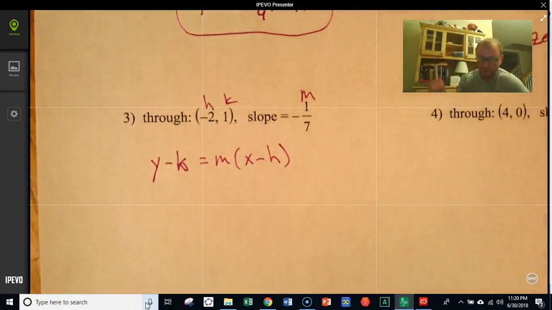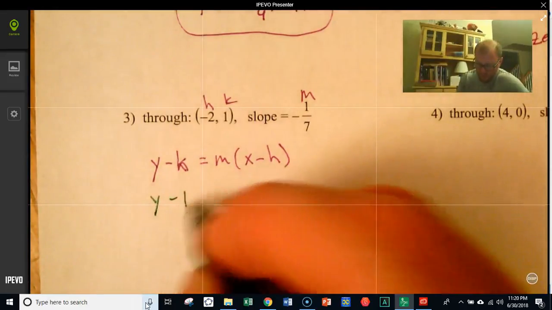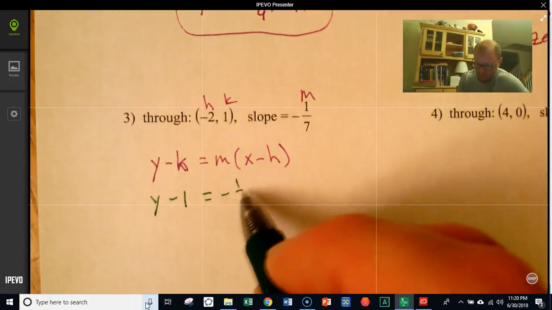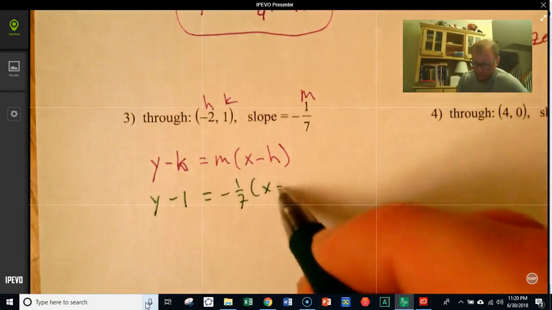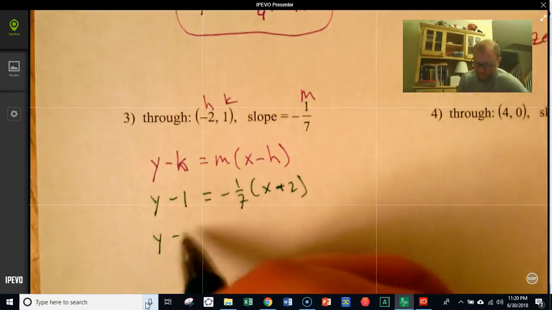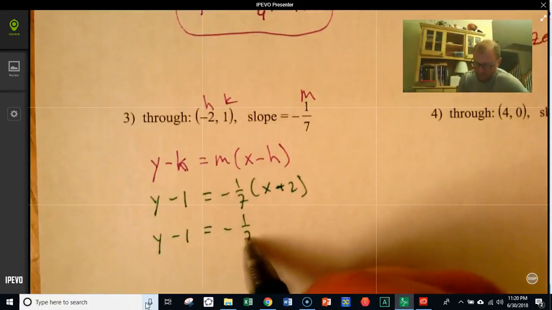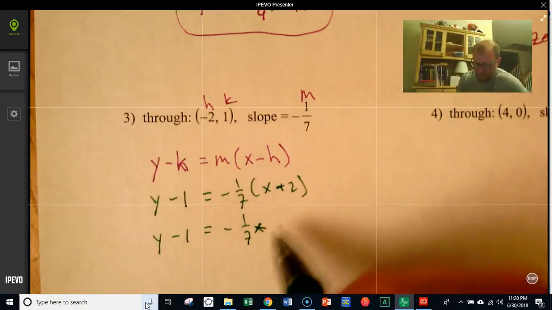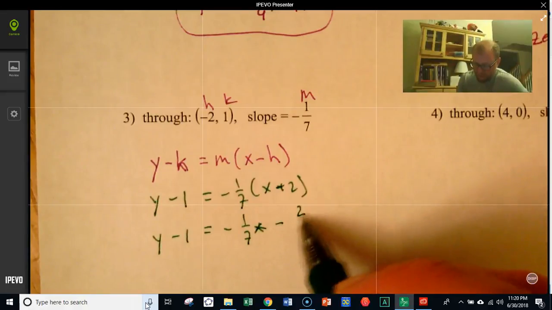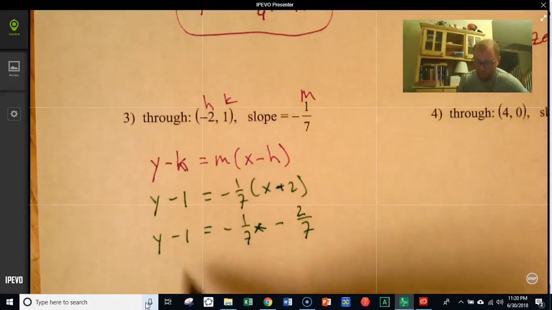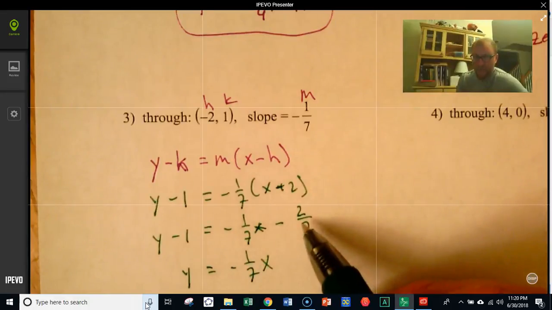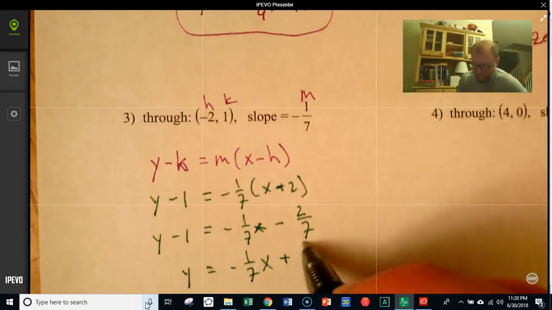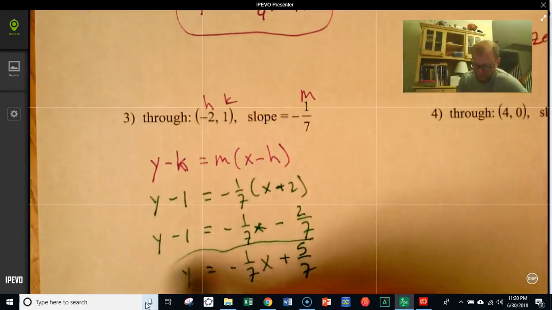We have y minus 1 equals negative 1/7, x minus a negative 2, which makes that plus 2. y minus 1 equals negative 1/7 x minus 2/7. We're going to add 1 to both sides. Let's see, we're going to add 7/7, which is going to give us a positive 5/7.